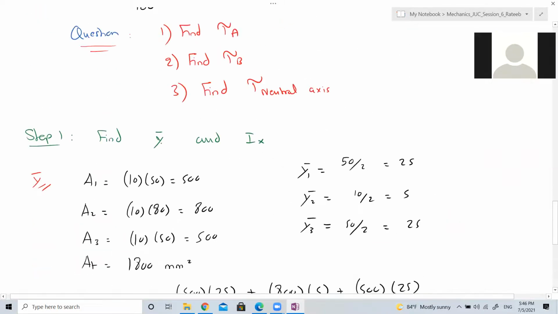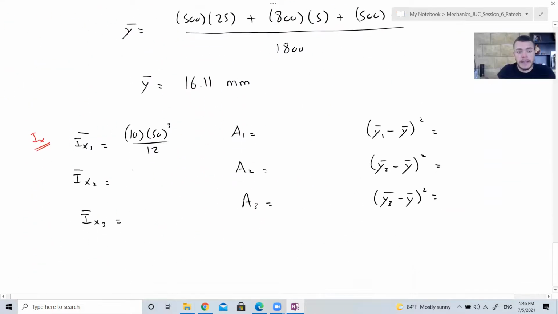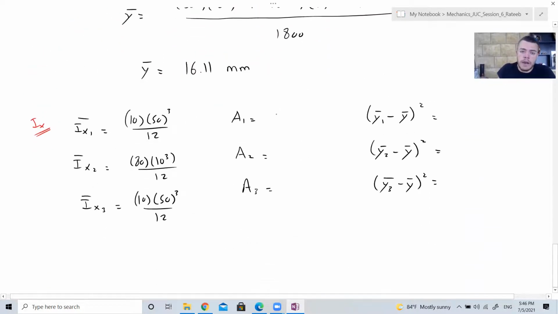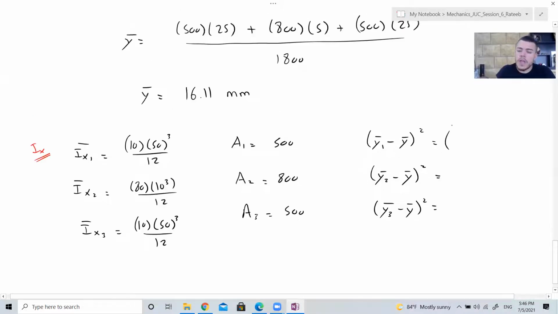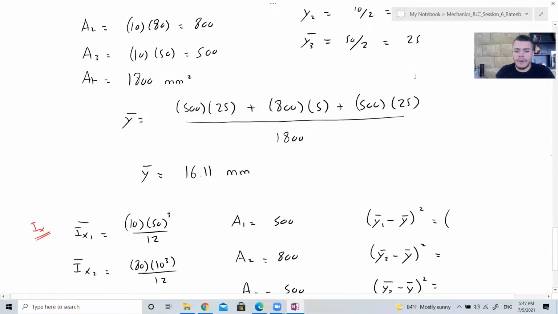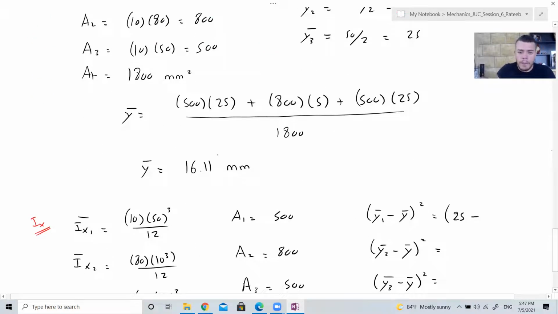Ix2 bar is 80 multiplied by 10 cubed over 12. And Ix3 bar is 10 multiplied by 50 cubed over 12. Area 1, area 2, and area 3 we found before: 500, 800, 500. Y1 bar is this, 25. So 25 minus y bar, which is 16.11.